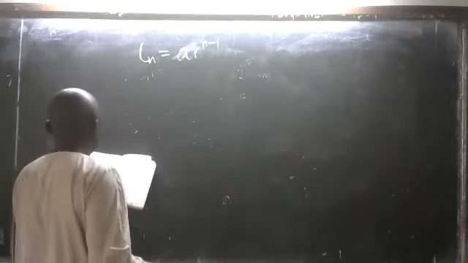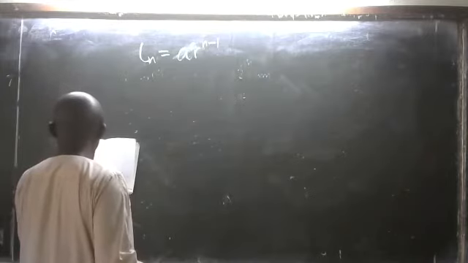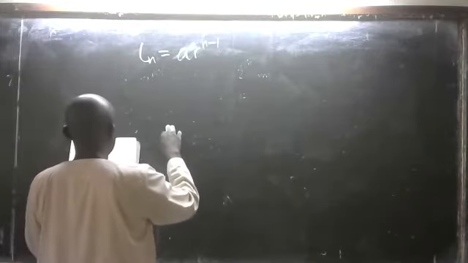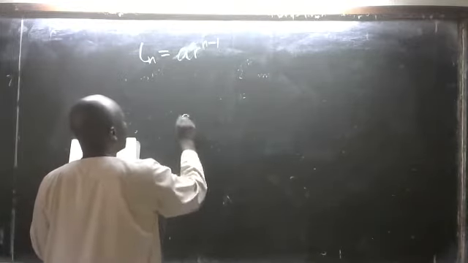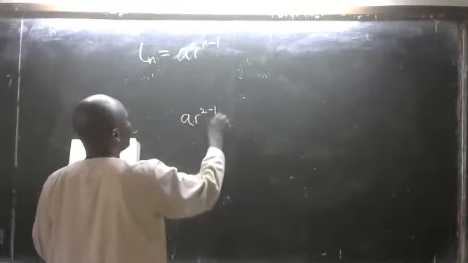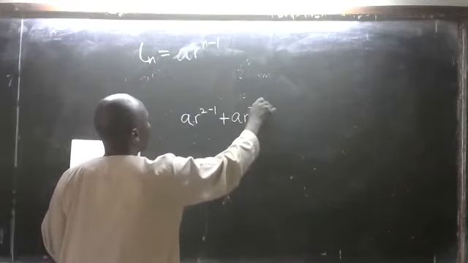Okay, we want to interpret the sum of the second and third. The second is AR power 2 minus 1, and the third is AR power 3 minus 1.